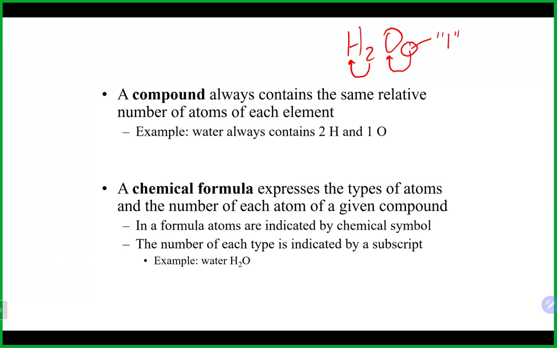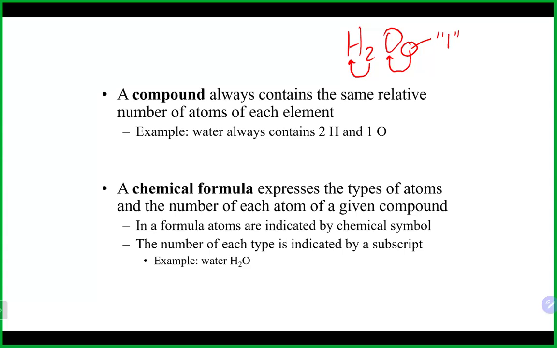So this would mean, as we did when we calculated the molar mass of it, it has 2 atoms of hydrogen and 1 atom of oxygen in this particular case. And that's what makes it a compound, because it has atoms of both hydrogen and oxygen, 2 different elements. We never use big numbers or anything like that, always subscripts.